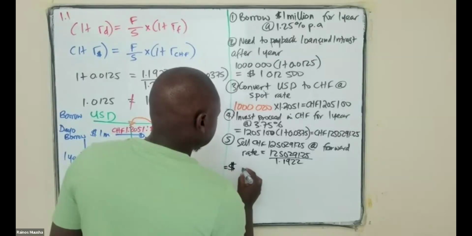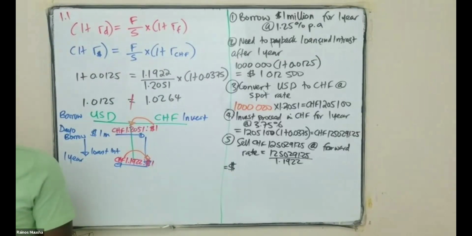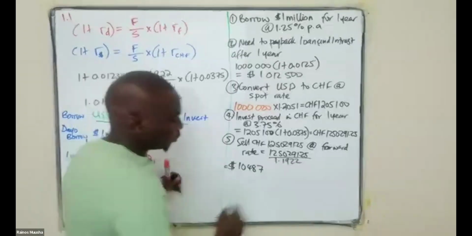So how much do we end up with in US dollars? We end up with 1,048,726.09.